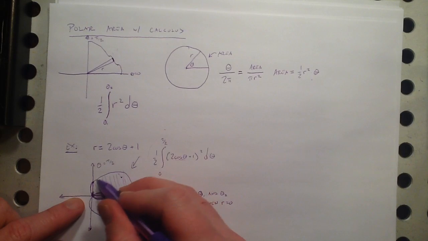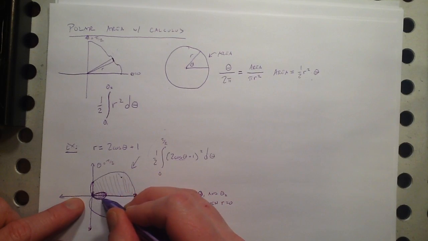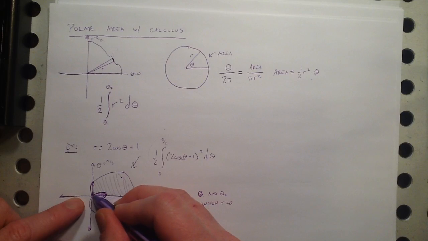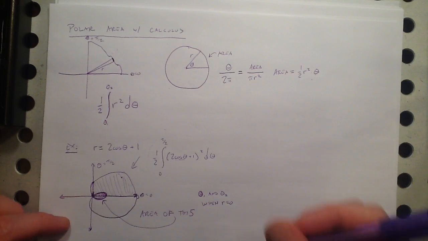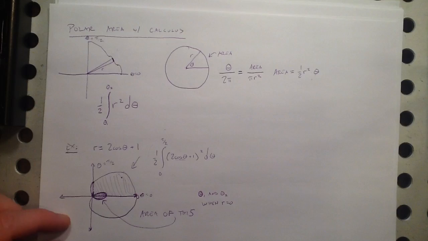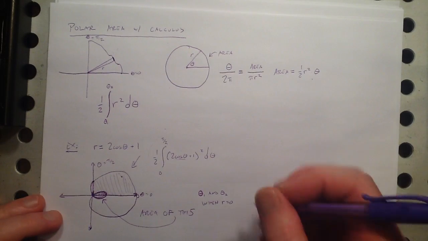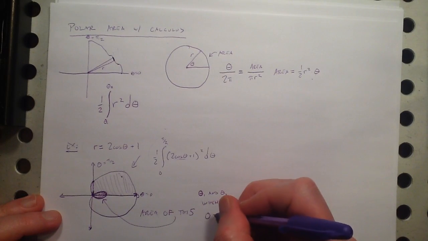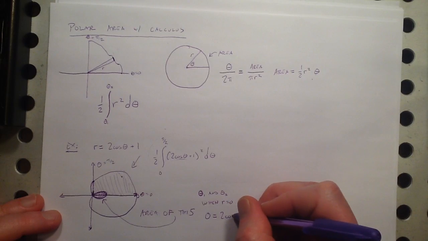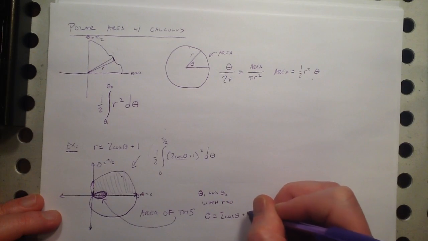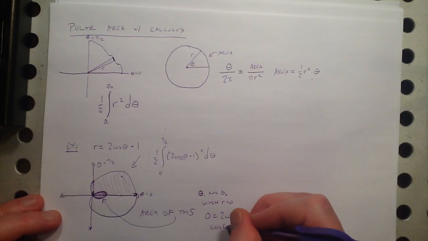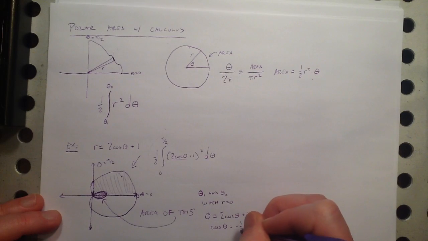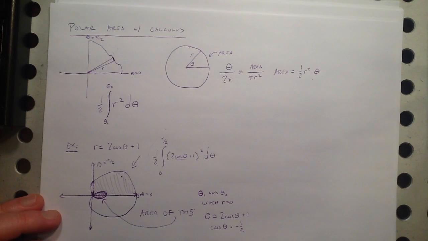That's when it's coming in here for the first time to 0, then it goes back out here, and then it comes back in again to 0. So how do you figure out when r is equal to 0? Well, you set this equal to 0. I'm looking for the values where the cosine of theta is equal to 1/2.